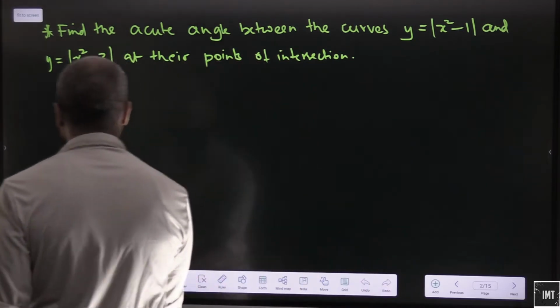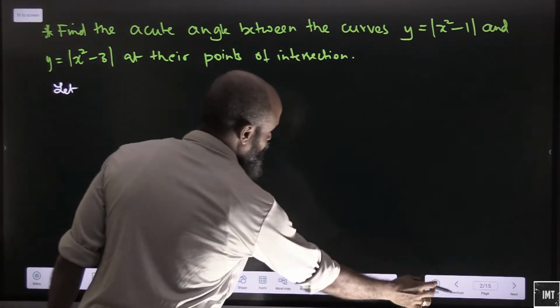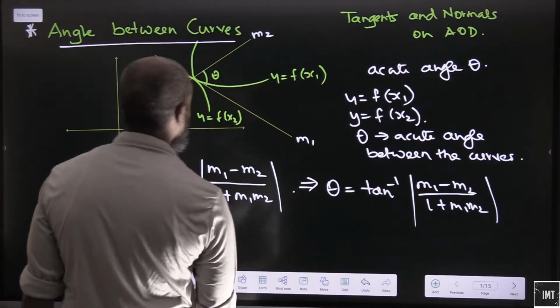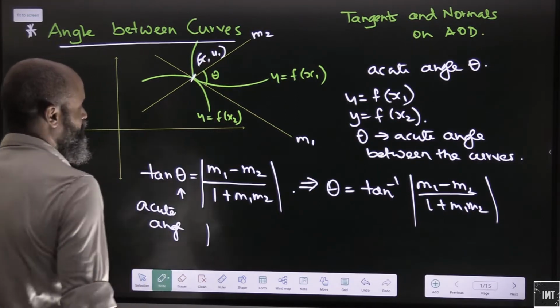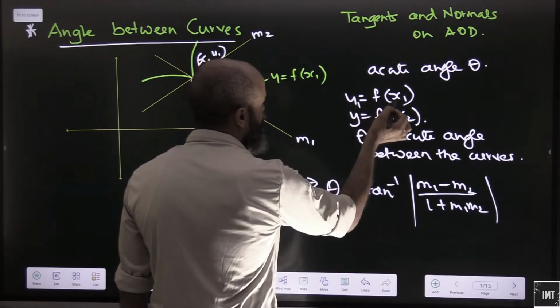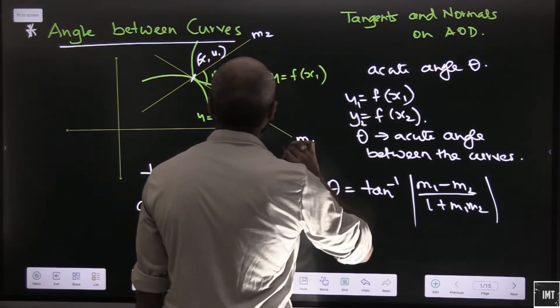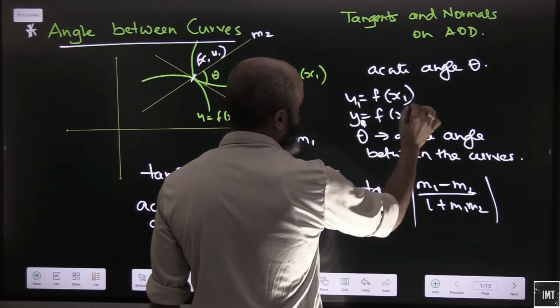One thing that I forgot to mention here: there has to be a point of intersection. So let's say this is (x1, y1). We will have to calculate y1 is equal to f1(x1), y2 is equal to f2(x2). Here the value of y1 will be the same.